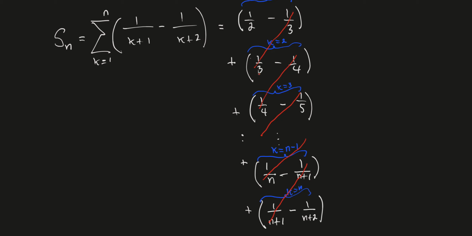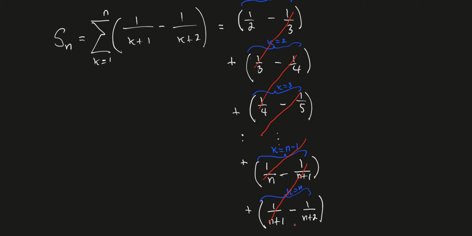This process here, where all the intermediate terms collapse on each other like a folding telescope, is why we refer to this as a telescoping or a telescopic series. So all but two terms cancel out. The 1/2 is still there, right? There's no negative 1/2 anywhere else in this.